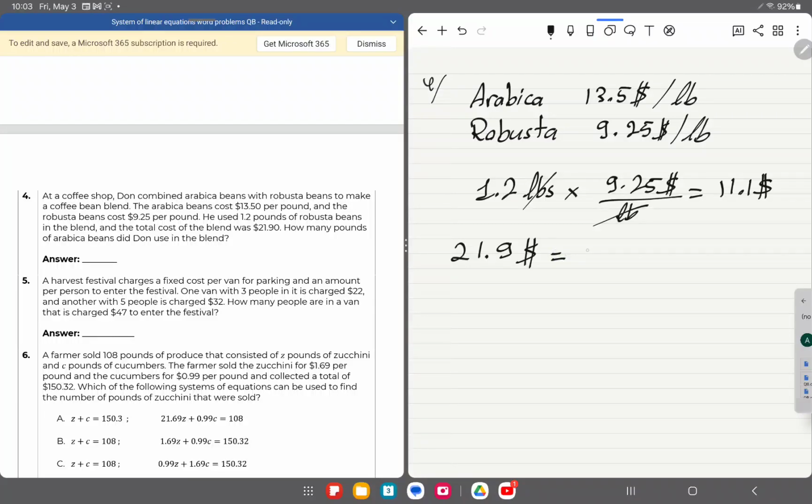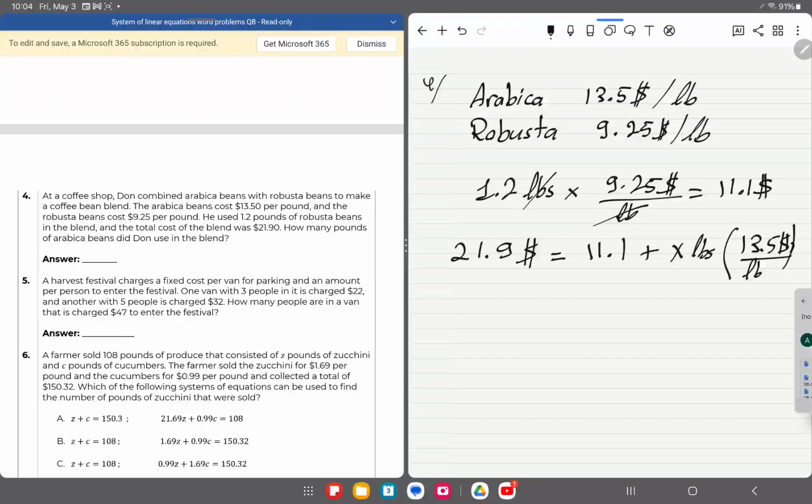The total cost was 21.9, which is equal to 11.1 plus the Arabica cost. I don't know how many pounds of Arabica he used, so X pounds times the price of Arabica, $13.5 per pound.